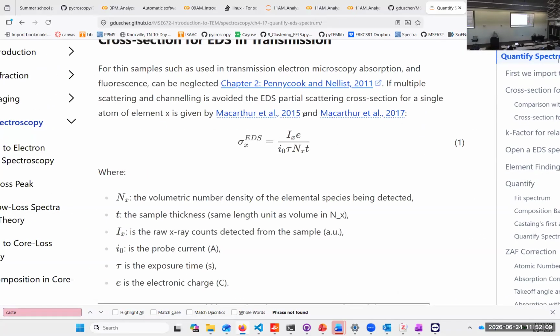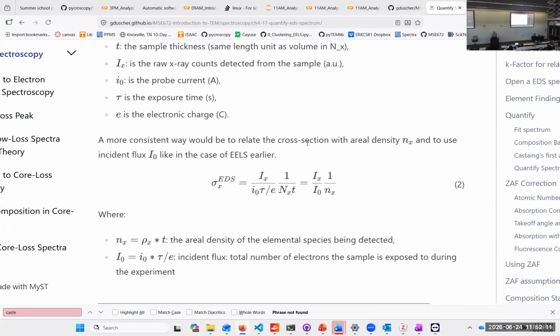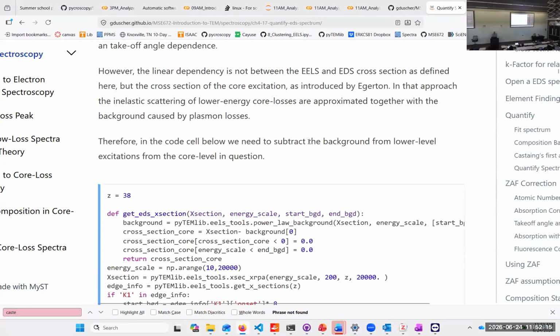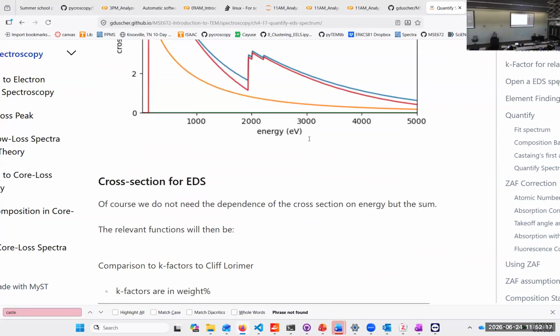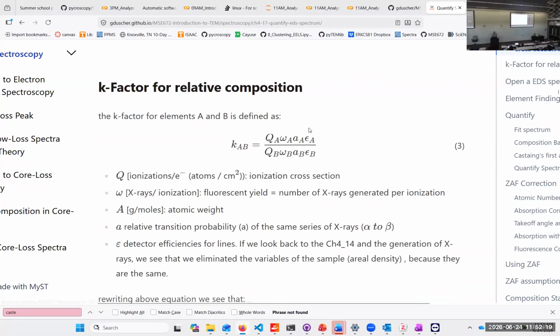So it depends on the number of electrons and then some kind of probability factor, and the K factor for relative composition.